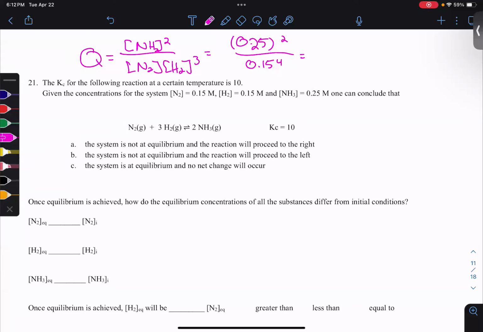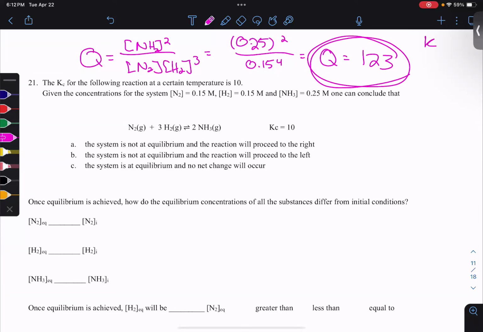So I get Q is 123. So is this reaction at equilibrium? Heck no, it's not at equilibrium. So if Q is 100 and K is 10, I have too much what right now? Product, so the reaction has to go backwards, perfect, all right?